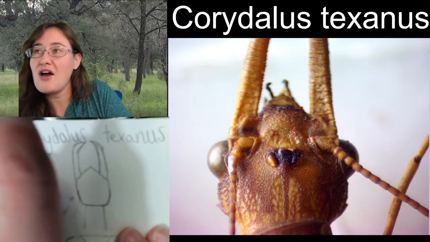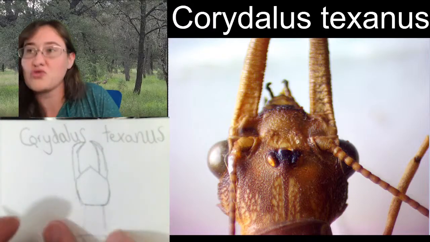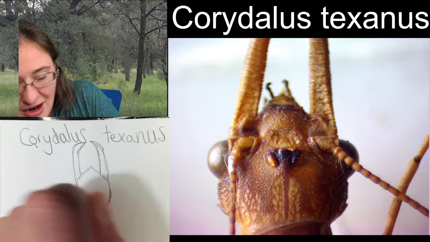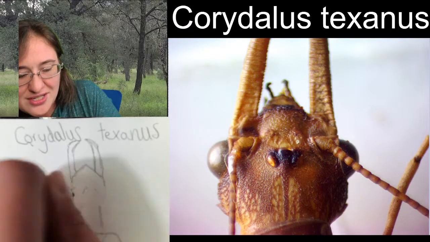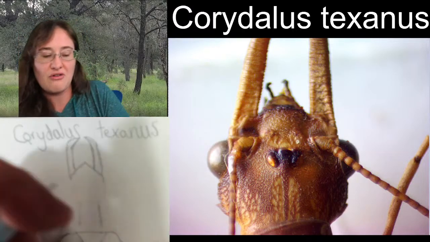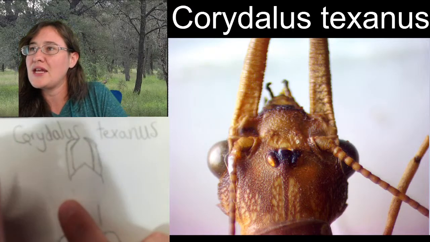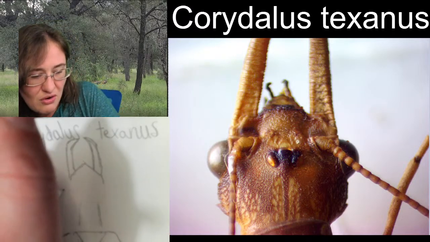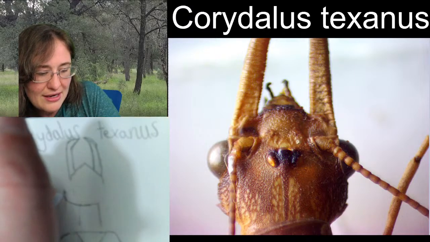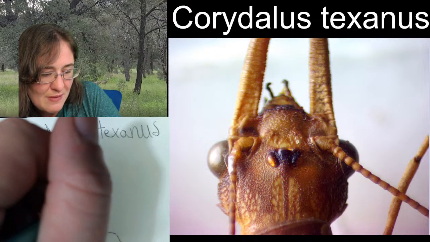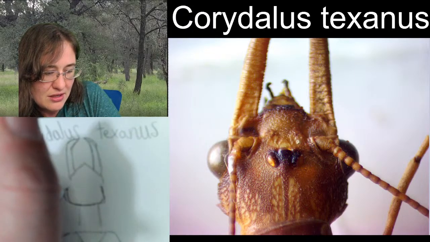Alright, so I think what I'm going to do is really widen this head here. I think what I did before is that it's just a little bit too narrow for the rest of my body, or at least for the length of it. So we're going to kind of widen this head out, maybe like this.